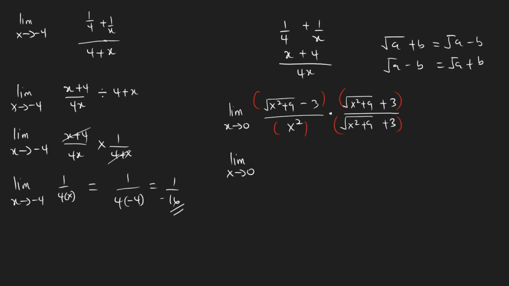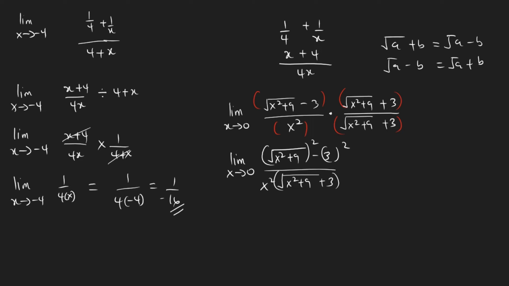So I'm going to have the square root of x squared plus 9 minus 3, then we square this and then we square this, divided by x squared multiplying the square root of x squared plus 9 plus 3. Let me put this in bracket.